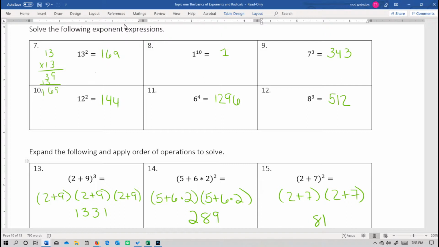Doesn't matter how many times I multiply 1, 1 times anything is the other thing, so the answer is just going to be 1. In this one, we're doing 7 times 7 times 7, which the first 2 7s make 49. Then we multiply by another 7, and that is going to be 28 plus 6 is 34, 343.